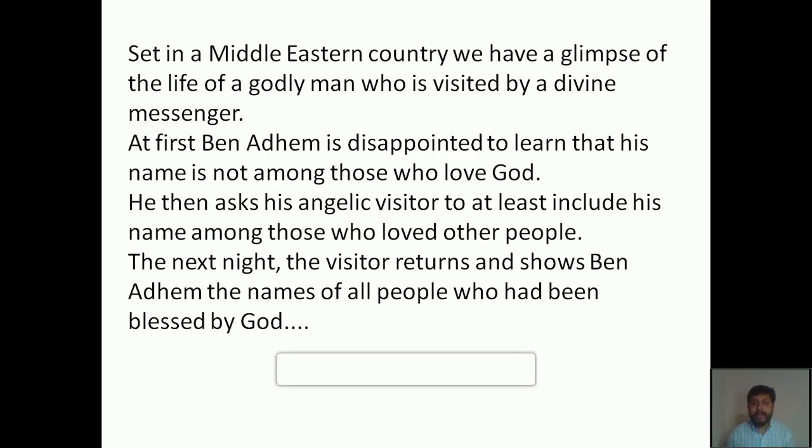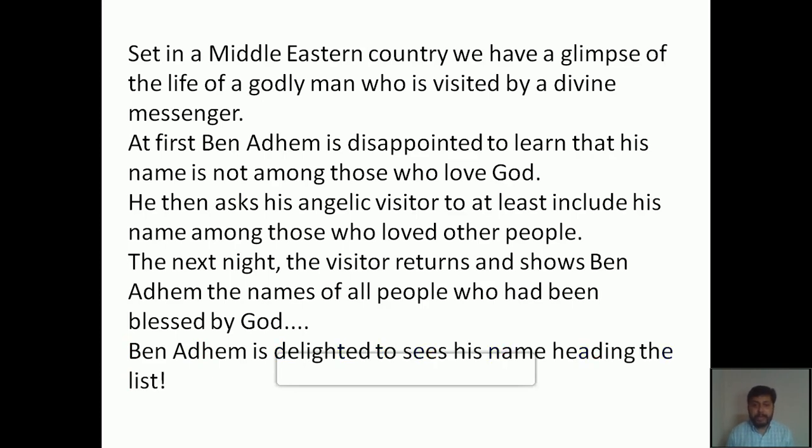So the first day he appeared with a list of the people who love God, and the next day with a list of the people who are blessed or loved by God. I hope you understood the difference between both. Adhem is delighted to see his name heading the list, at the very first. So this is the summary of the poem.